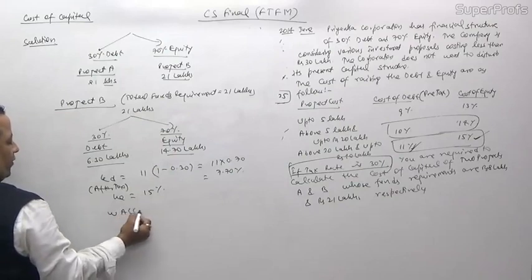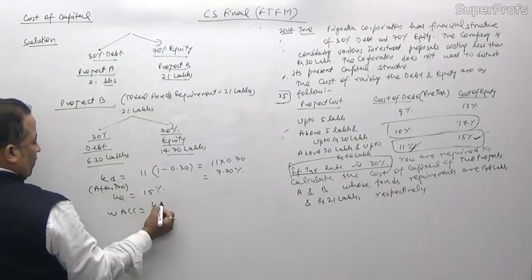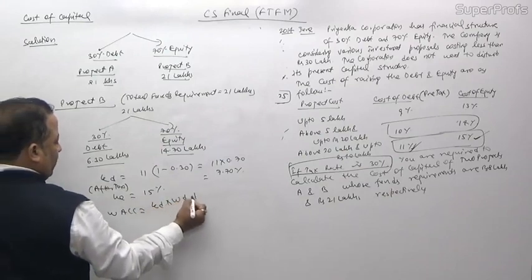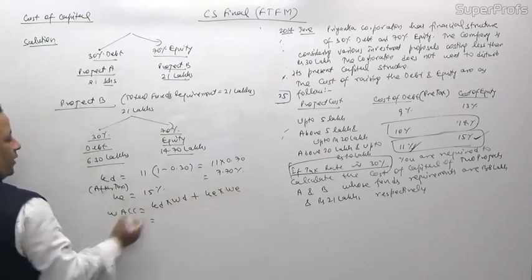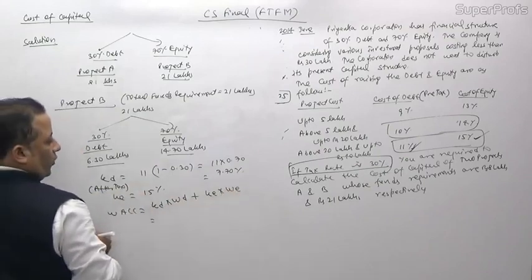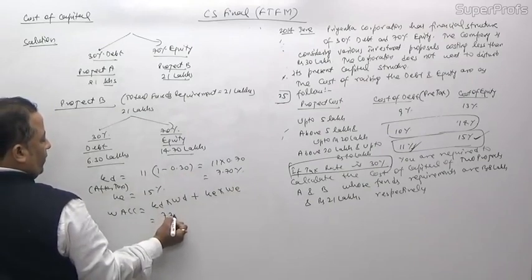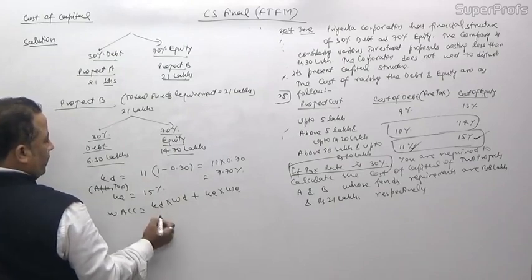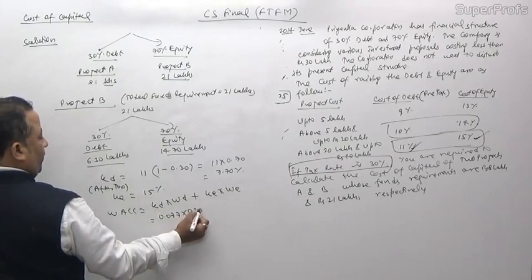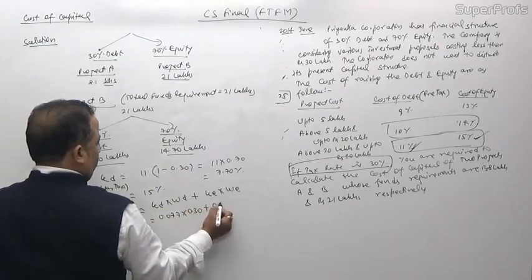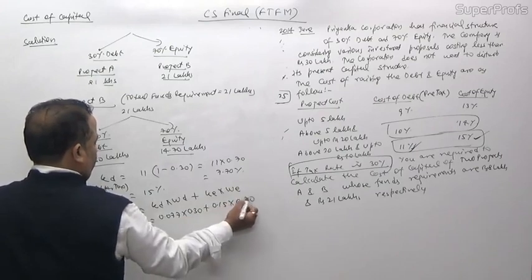The weighted average cost of capital is the cost of debt into weight of debt plus cost of equity into weight of equity. So the cost of debt is 7.7%, the weight of debt is 30%, the cost of equity is 15%, and the weight of equity is 70%.